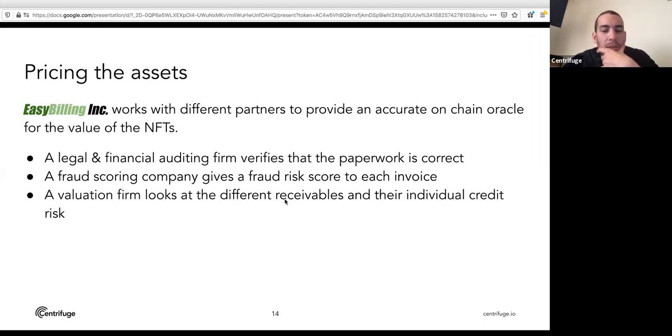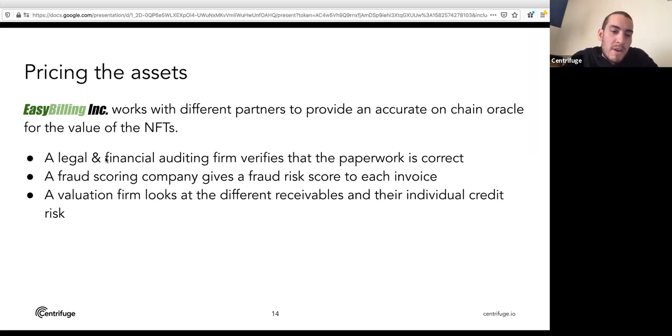I'll get back to that question later. These third parties are helping by providing their skills. So you have legal and financial auditing firms that verify that the paperwork about this SPV, that involves individual assets, is correct.